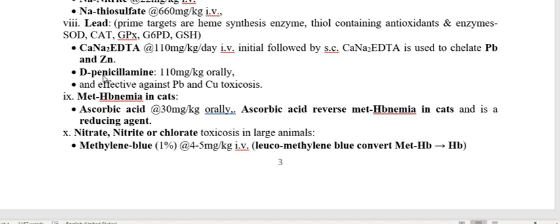So you are giving the drug as an antidote where the sulfhydryl group is present. The toxic agent is going to bind with the thiol structure present in D-penicillamine, that is the SH, and therefore it removes the lead or other metal like zinc from the poisoned animal.